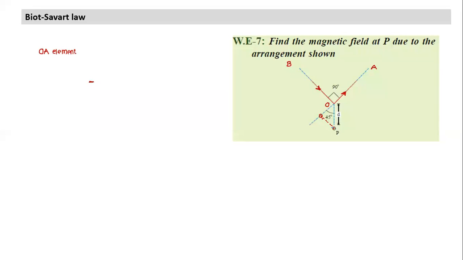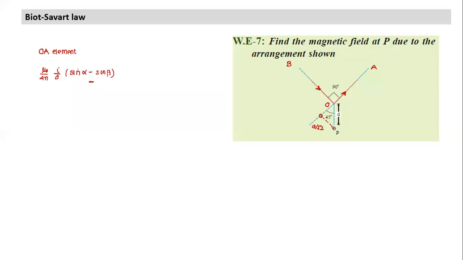When I drop this perpendicular, the length is d, which becomes equal to d by root 2. So my formula is mu naught by 4 pi, I by d, into sine alpha minus sine beta. Another way of thinking: whenever the foot of the perpendicular is not landing on the current element, we have to take a negative sign. All are on one side only.